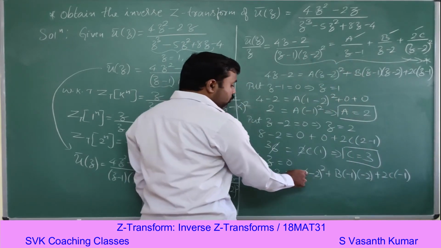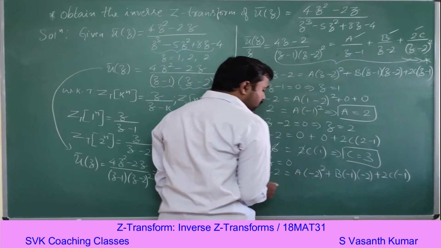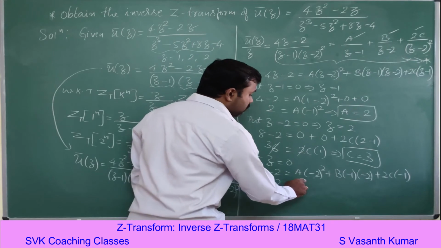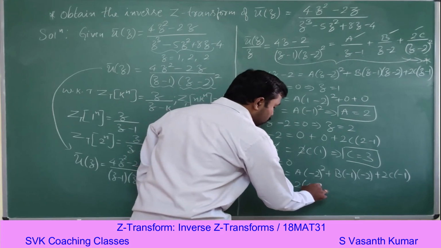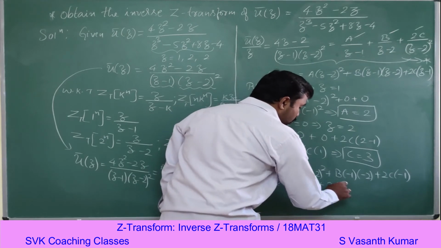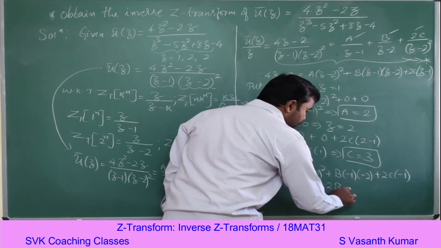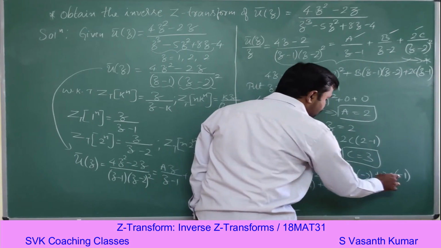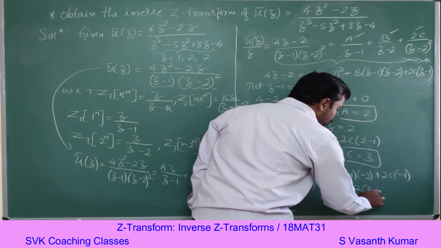So you know the values of a and c, you can substitute. 2 into minus 2 the whole square is 4, plus minus into minus plus 2b, minus the value of c is 3, minus 2 into 3.